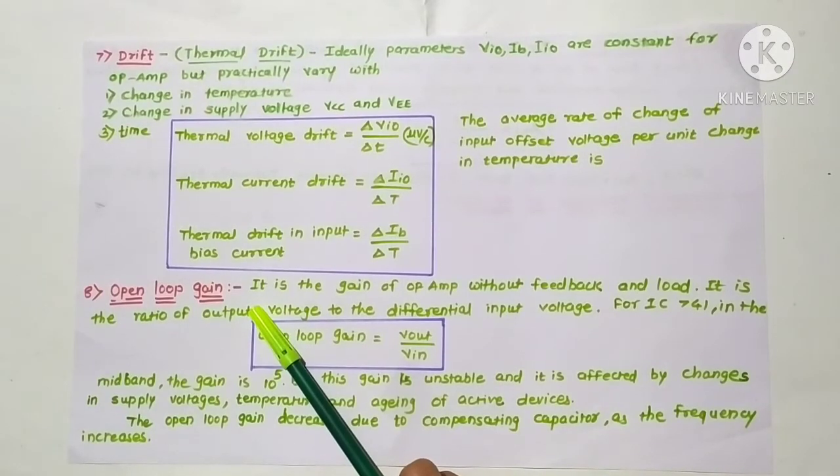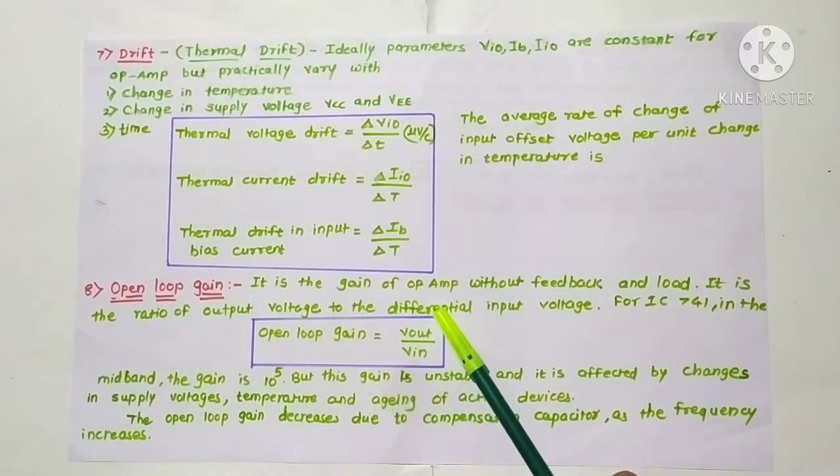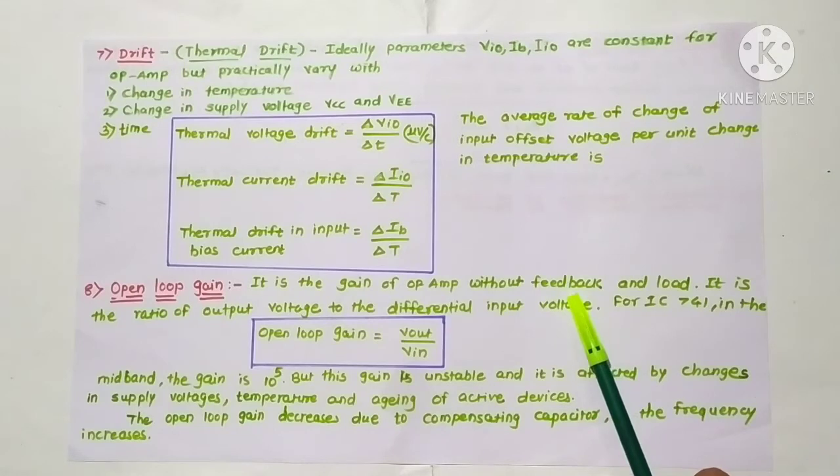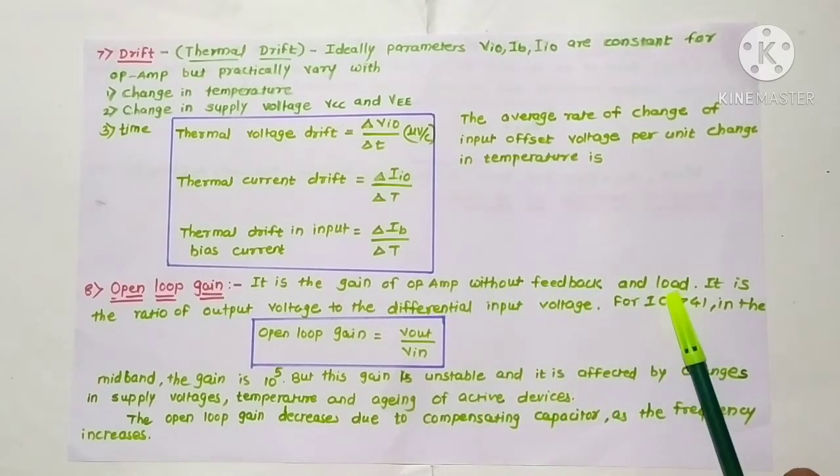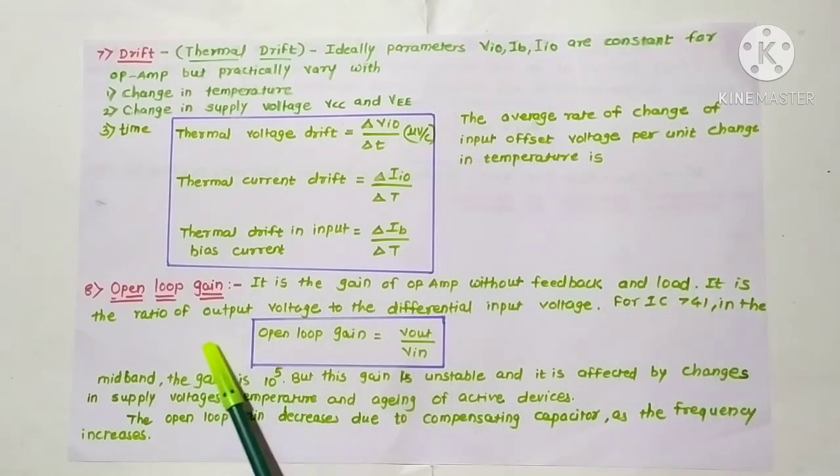What does it define? It is the gain of an operational amplifier without feedback, with load. Load means load resistance, which is connected at the output of an operational amplifier. So it is the ratio of output voltage to the differential input voltage.